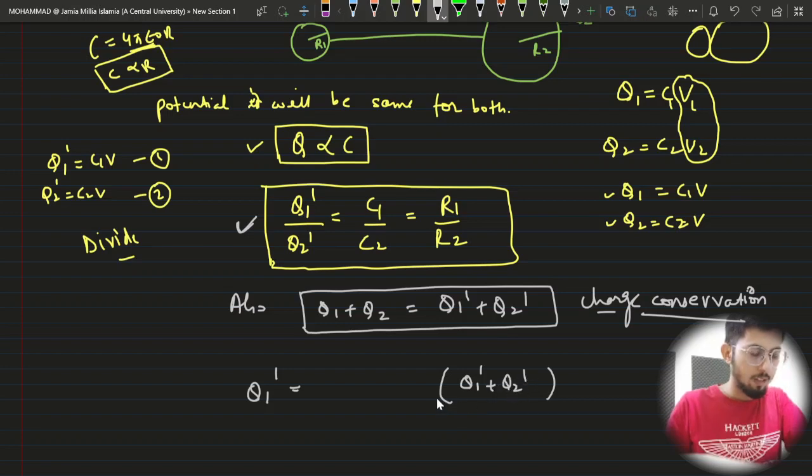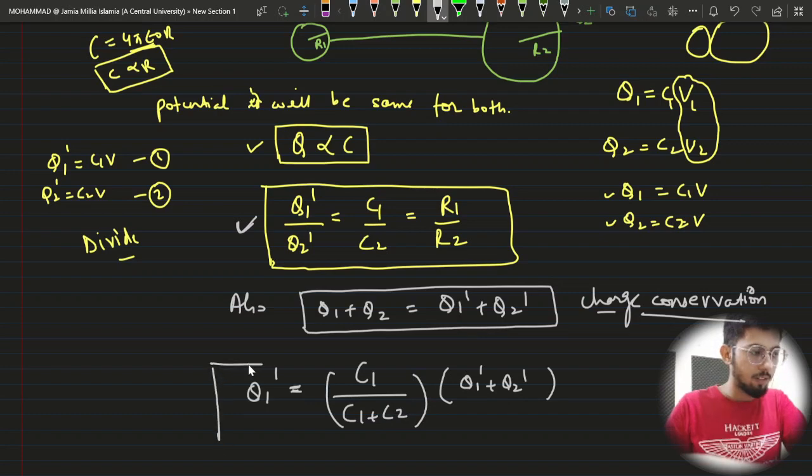So how will that distribute? See, Q1 dash upon Q2 dash is equal to C1 by C2. That means if we want to find Q1 dash, look at this expression: C1 upon C1 plus C2.